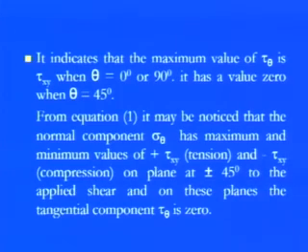That means if you cut the plane at 45 degrees, at these planes the normal stresses are always maximum, sigma theta, equal to the applied shear stress. And these planes are tangential. If you check the shear stresses at 0 or 90 degrees, you will find that the shear stress component has the maximum value.